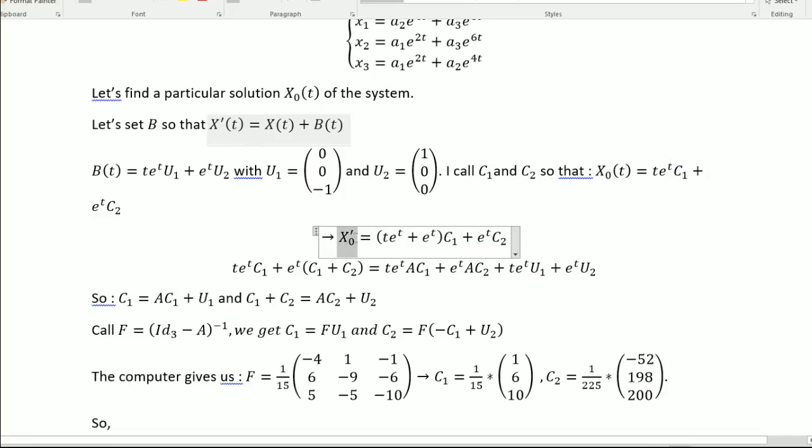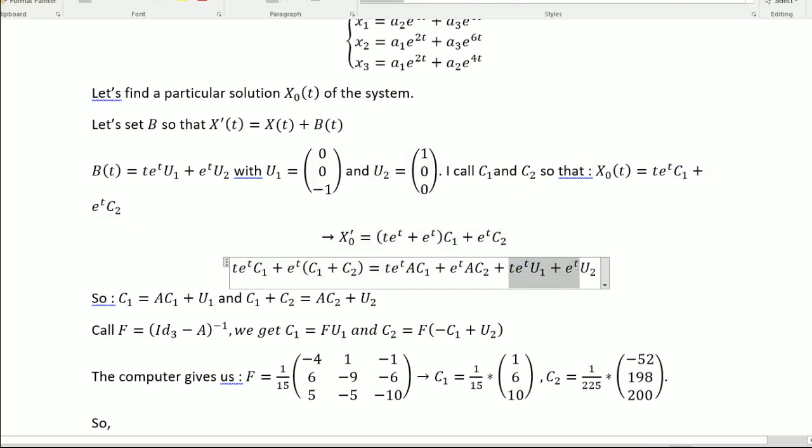So we get that x0 prime is equal to this, just by factorizing, because we have it from the system. So we continue. We have this part here that is equal to this part here from the matrix.